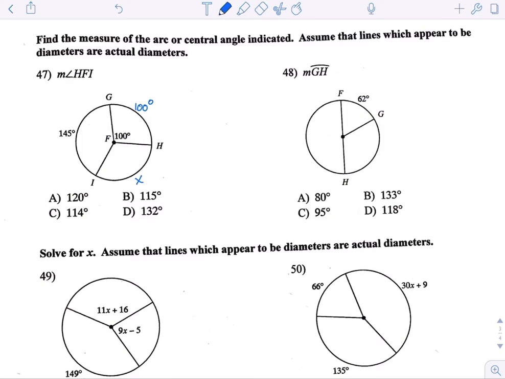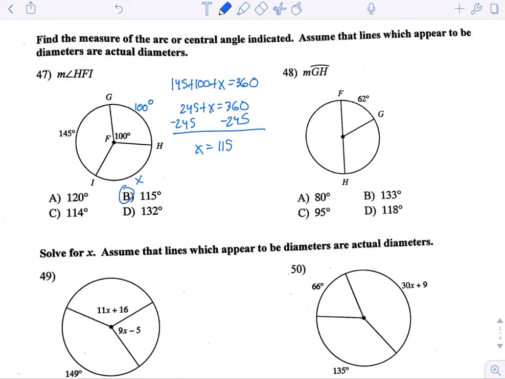You know a whole entire circle is equal to 360 degrees. So 145 plus 100 plus x is equal to 360. 245 plus x is equal to 360. Subtract 245 from both sides so we can solve for x. X is going to equal 115 degrees. B.